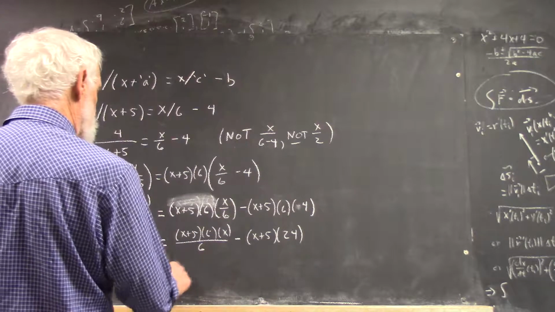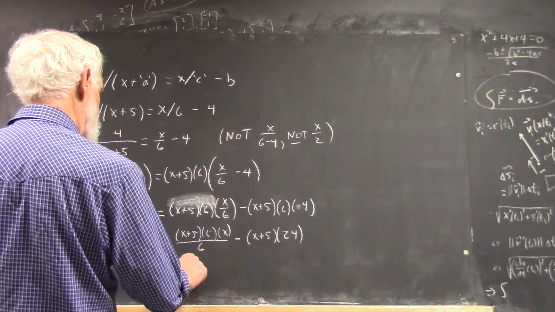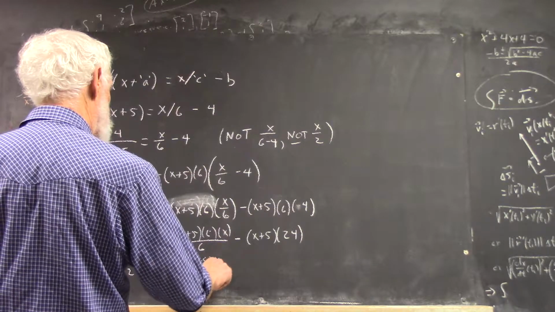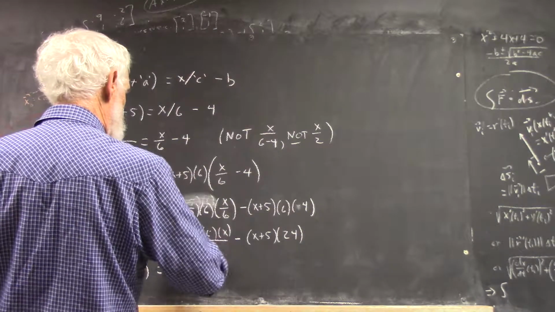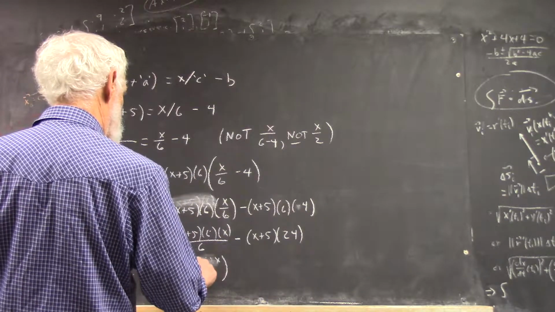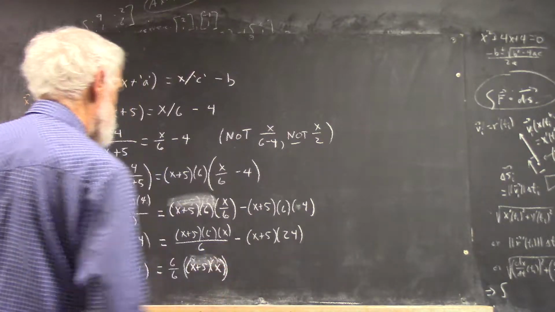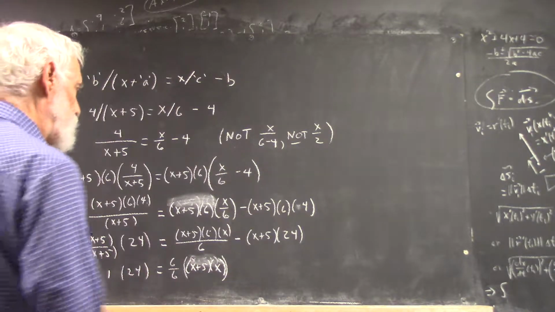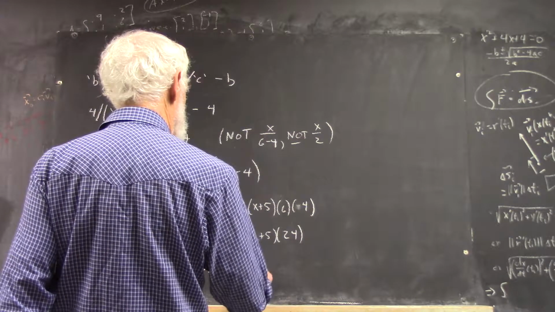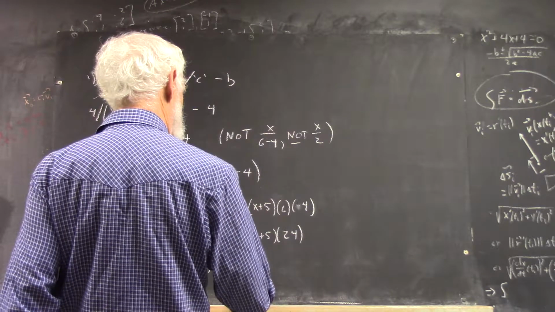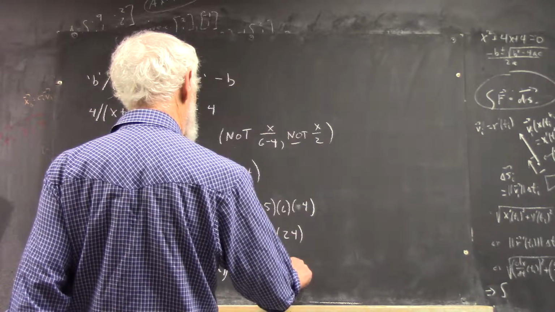And then this can be written as 6 over 6 times x plus 5 times x. I didn't need to put that as a numerator. Okay? And this is just minus 24x, and I'm going to do this, plus 120.